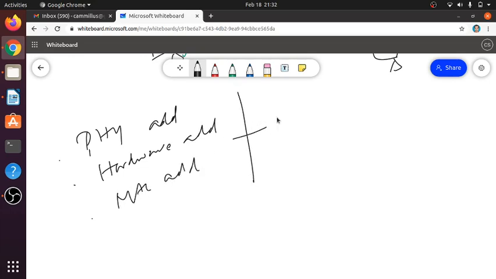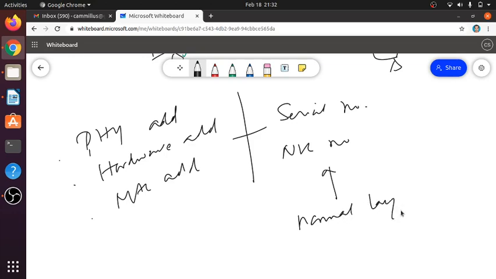A layperson would call this a serial number or NIC number. These are words spelled by a normal layperson, but these words are used as technical words on our engineering side. So either it is remembered as physical address, hardware address or MAC address, and this number is a 6-byte number. You remember, it's a 6-byte number.